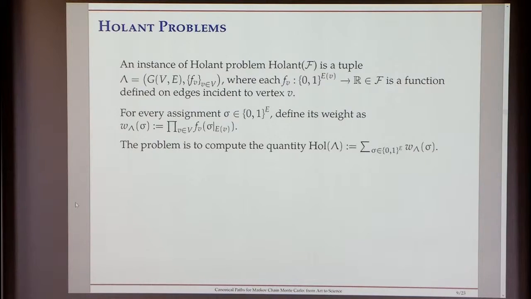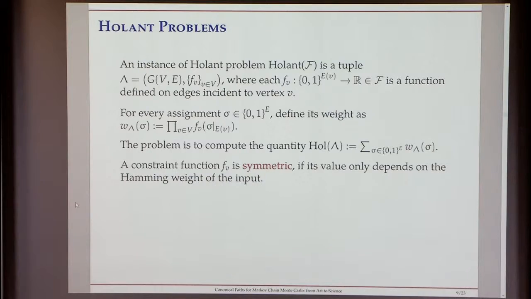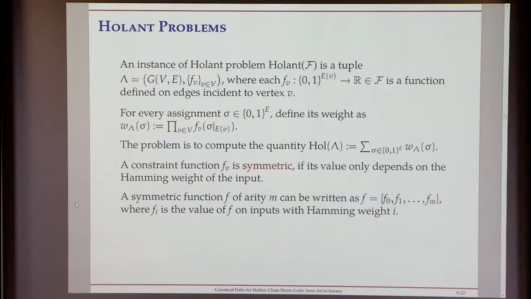And then the problem is to compute the partition function, which is the summation over the weights of all configurations. We also focus on symmetric functions, which means the value of a function f only depends on the Hamming weight of the input. Okay, so for symmetric functions of arity m, we can write it in this compact form, where f_i is the value of f on input with Hamming weight i.